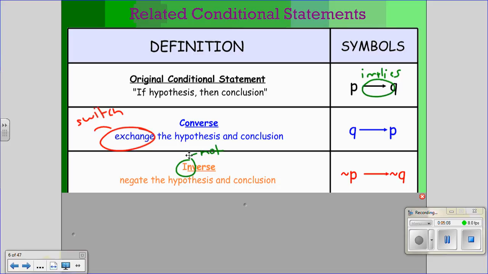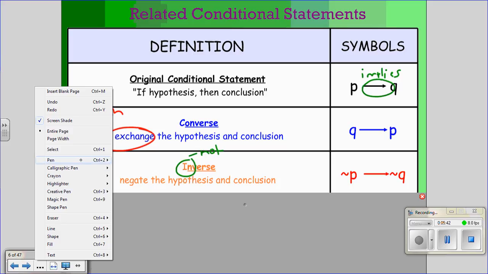For example, insufficient means you're not sufficient. Inadequate means you're not adequate. So when you see the word inverse, remember to add the word not whenever possible. You're most definitely going to add it by the verb in the statement. So it'll be if not P implies not Q in symbols.